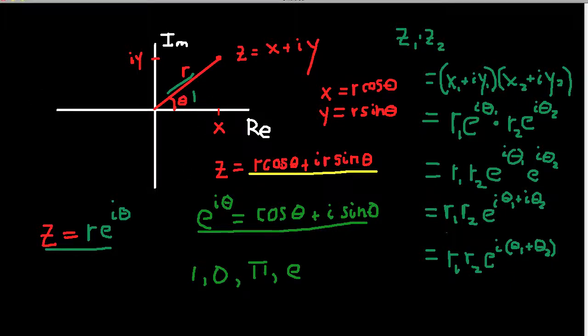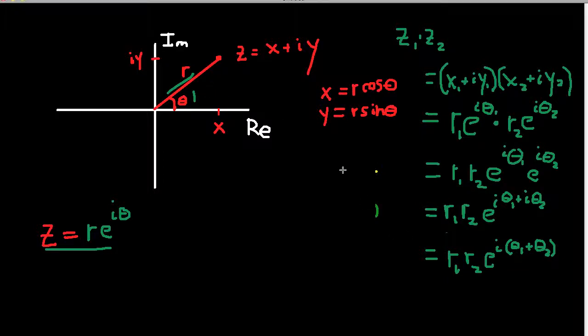Now let me show you how division of two complex numbers is also simplified. If we're dividing two complex numbers, let's say z1 divided by z2, that can be written as r1 times e to the i theta 1 divided by r2 e to the i theta 2.